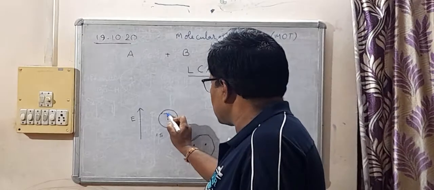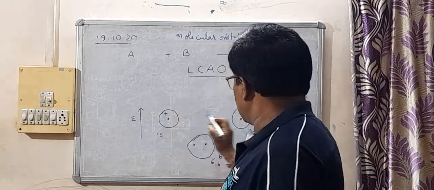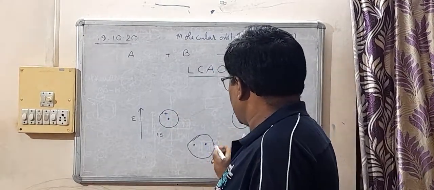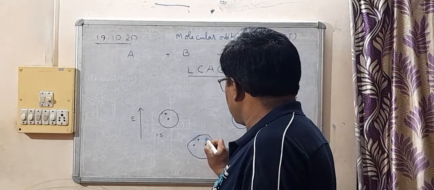Addition overlap means this one is plus, the sign of wave function is also plus, and this one will be plus plus.